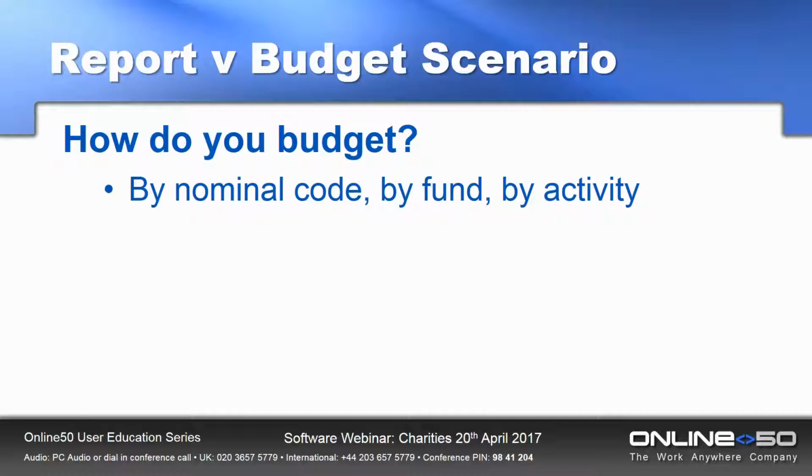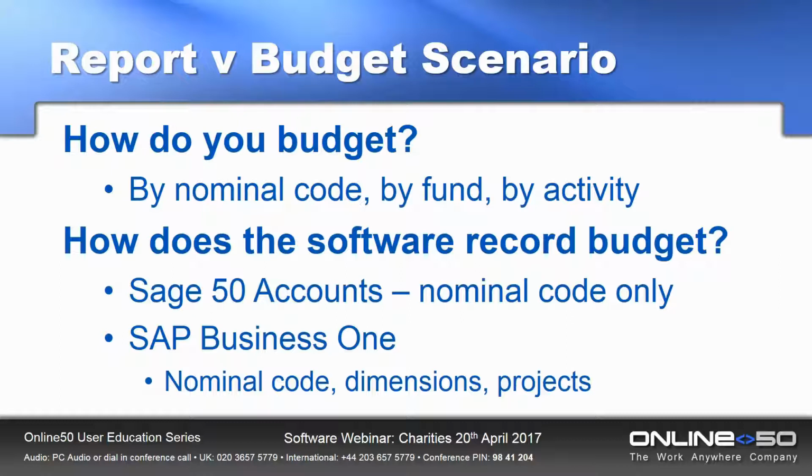As funds are spent on activities, if you have a matching of fund to activity, then clearly it is going to be the same thing. So that's how the charity wants to budget, but how does the software record the budget? So in Sage 50 accounts, the budget is recorded against nominal codes only. In SAP Business One, you can record budgets and you can allocate budgets with a combination of nominal code, also dimensions that are in use, and projects is what they're called in SAP Business One.